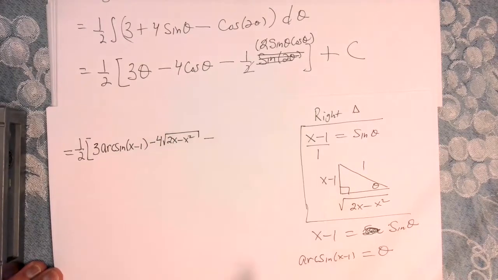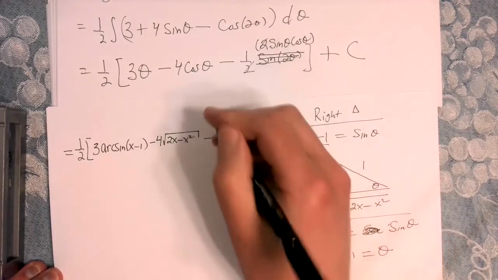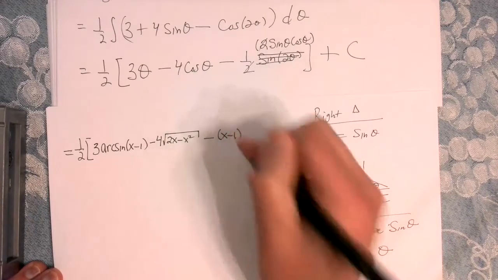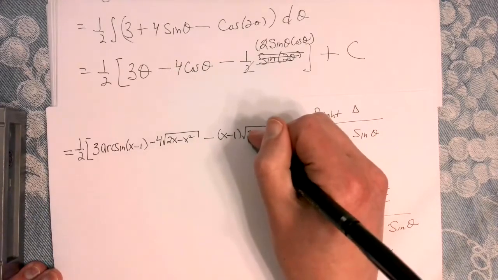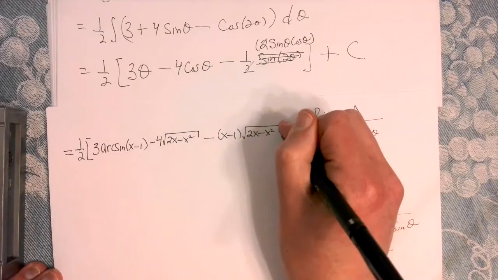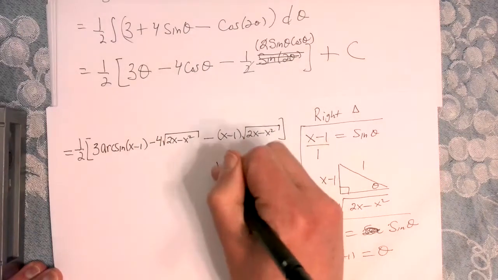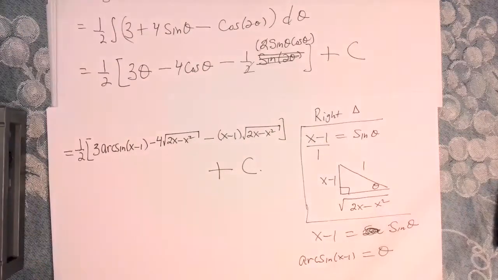And then minus, so sine's right here. So there's sine of theta times the cosine of theta. Well, cosine we said was radical 2x minus x squared. This is plus c. Quite a journey, but quite clever algebra. I really, really enjoy those integrals. Really, really fun.